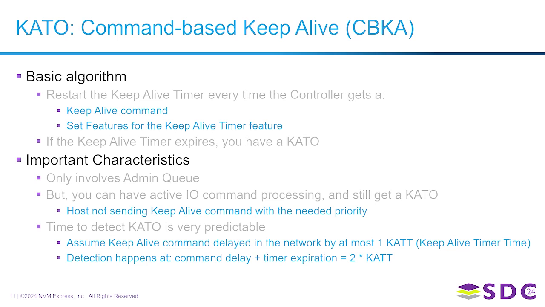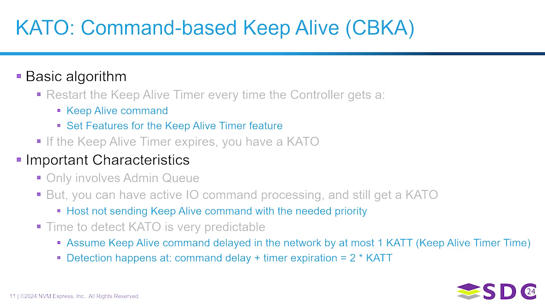And so we've seen that the controller says that there's a KATO because it didn't get the keep alive command even though there was a bunch of other traffic going on. It's very predictable. If the controller doesn't receive a keep alive command, then you know exactly how long it's going to take before it times out.